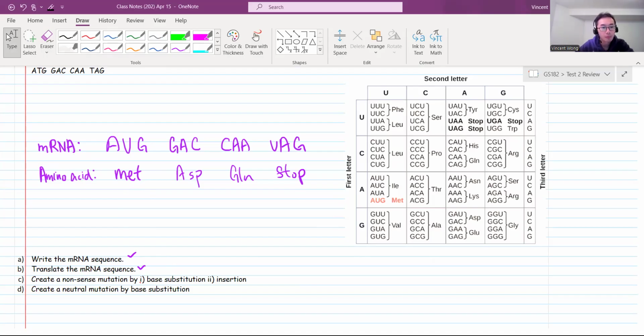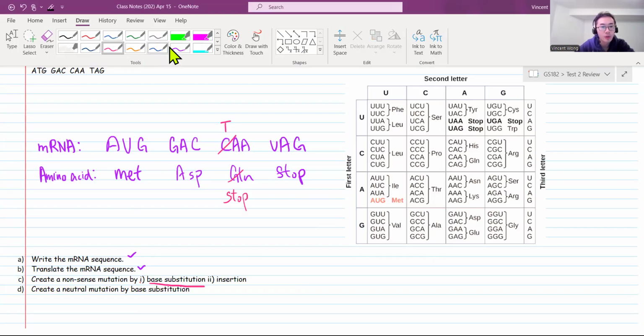So we need to change it to a stop codon. We don't change the last one because the last one is already a stop codon, right? So there's only one place we can do it, which is right here. If I change it to T, then it's going to be a UAA, which would be a stop codon. Okay, so that's base substitution.